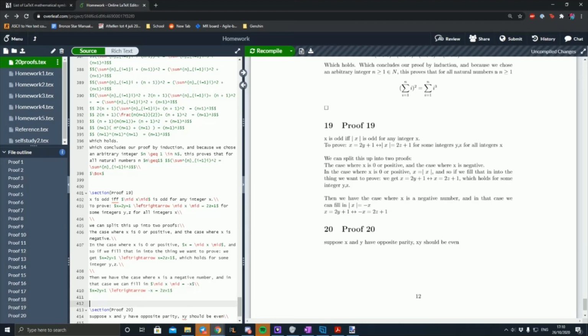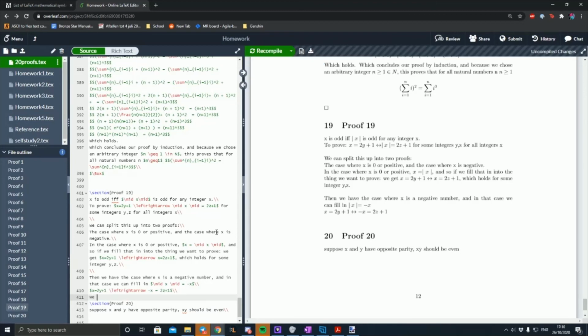Okay, but then, let's see. Yeah, we can just split this up into cases. Why not? Because the left-right arrow isn't fun to work with. We can split this up into two cases, into two equations, namely equation 1.